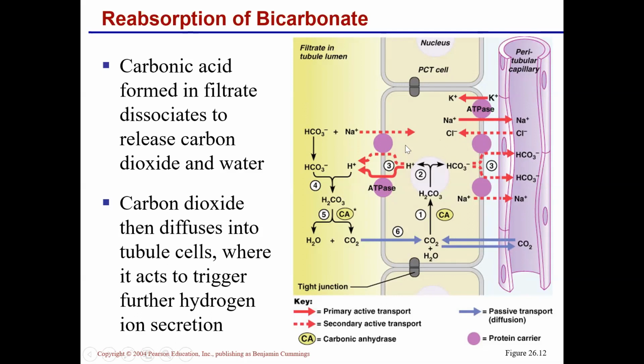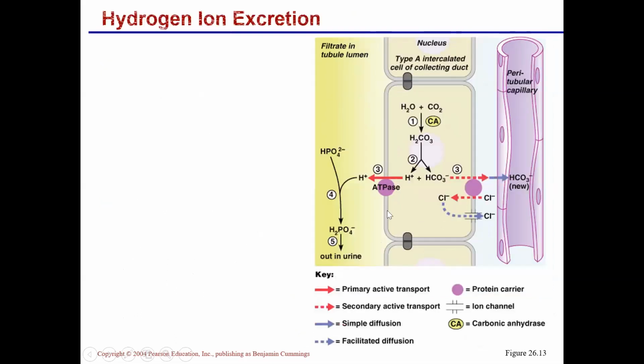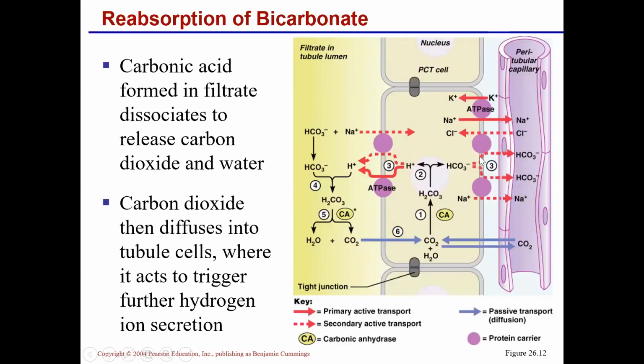So the key here is the basolateral membrane is impermeable to hydrogen ions. So hydrogen ions cannot cross this part, okay? And then this apical membrane is impermeable to bicarbonate ions. All right, so keep that in mind.